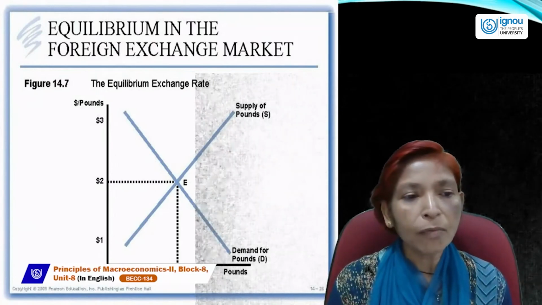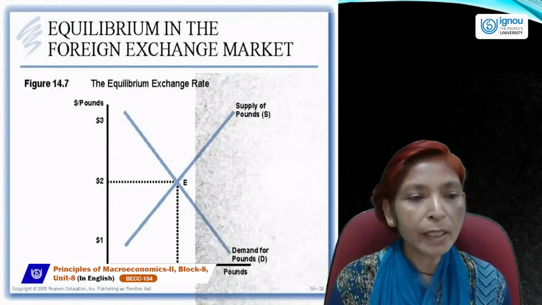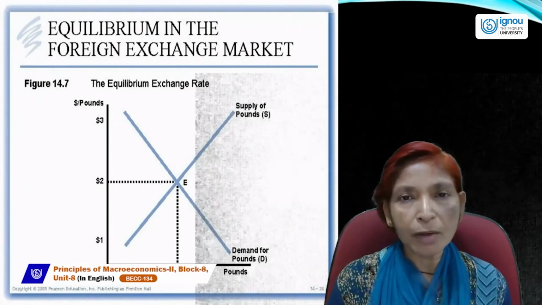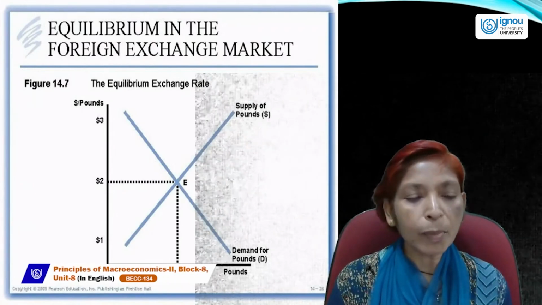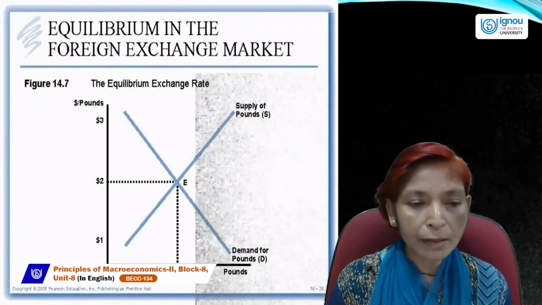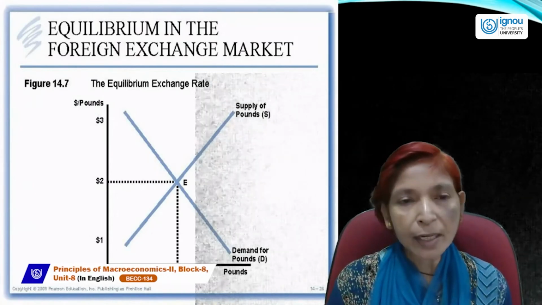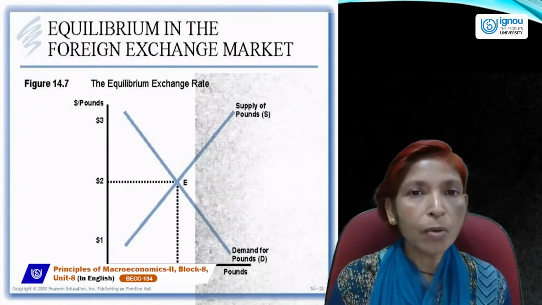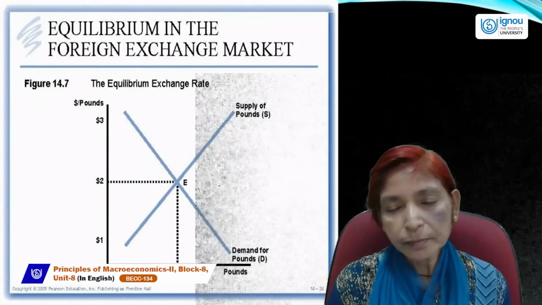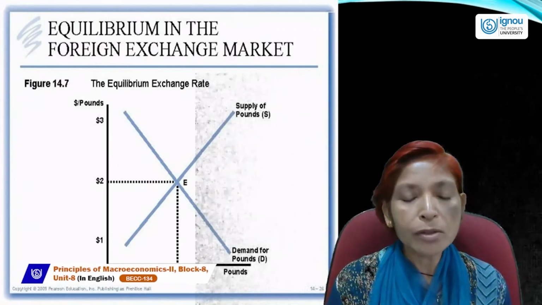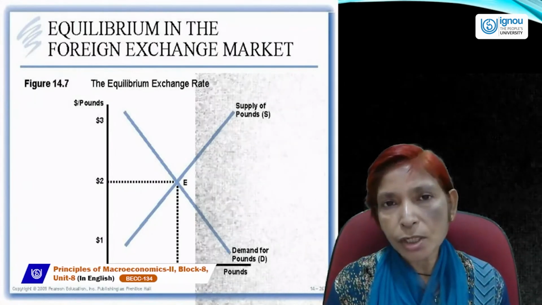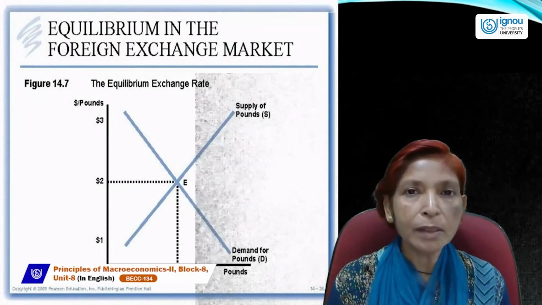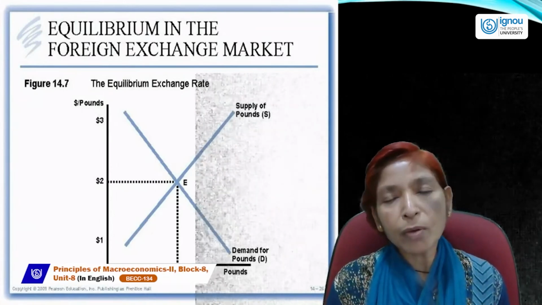When the value of pound is 3, demand is less. When the value of pound decreases, demand will increase. And if the value of pound falls from 3 to 2 and 2 to 1, then demand will increase. That's why the demand curve is a downward sloping curve, which shows an inverse relationship between the value of pound and the demand for pound. But the supply curve is always an upward sloping curve, which shows a direct and positive relationship between supply and the value of pound. If the value of pound increases, supply of pound increases.